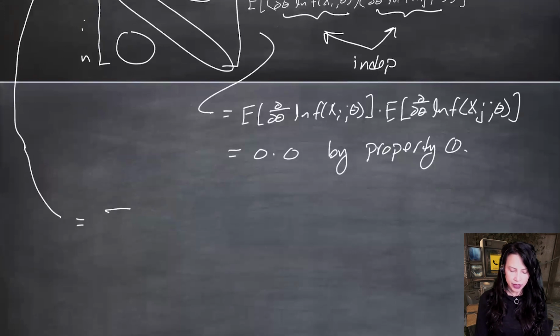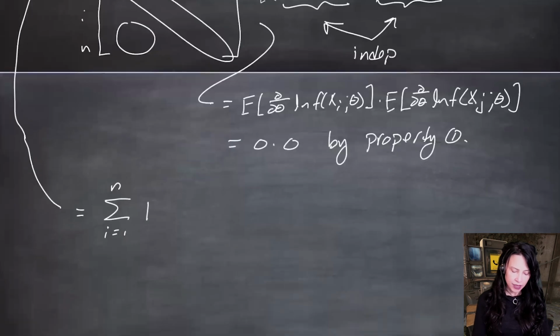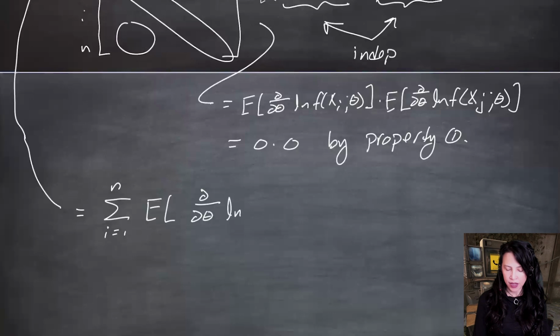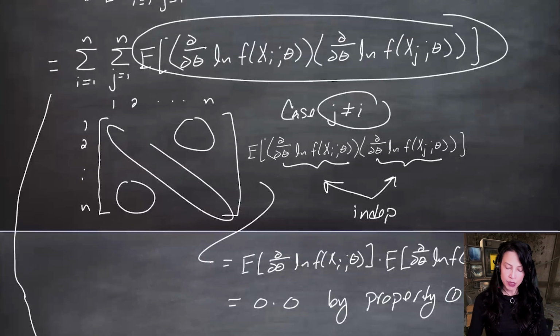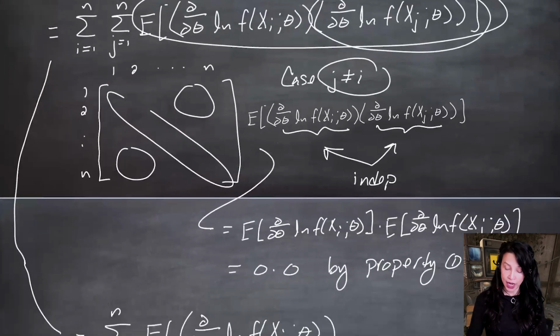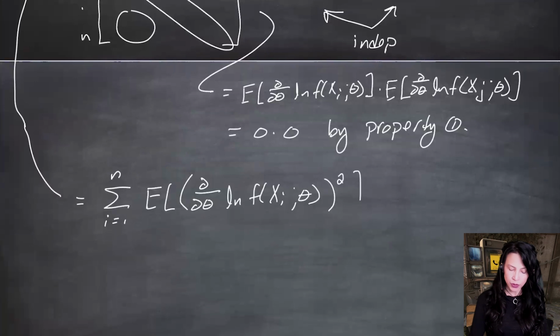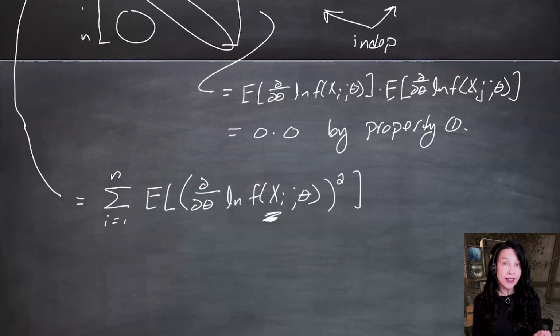We're left with just the sum as i goes from 1 to n of the expected value of the derivative with respect to theta of the log of f of xi and theta times the same thing, but with i in for j. So we really end up with this squared. And this expectation is with respect to just the ith x.